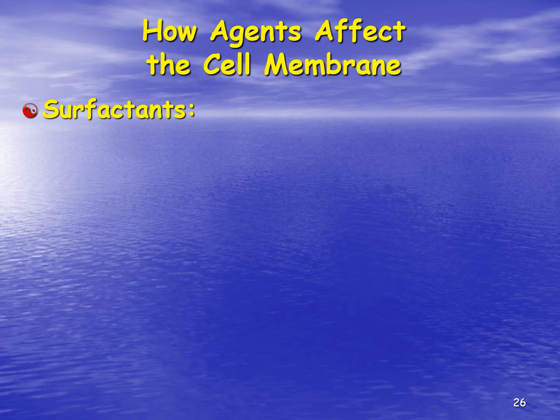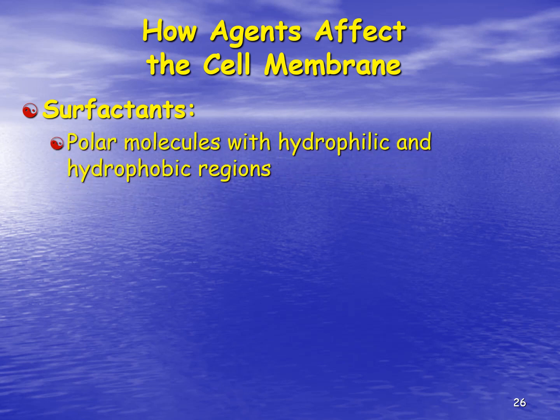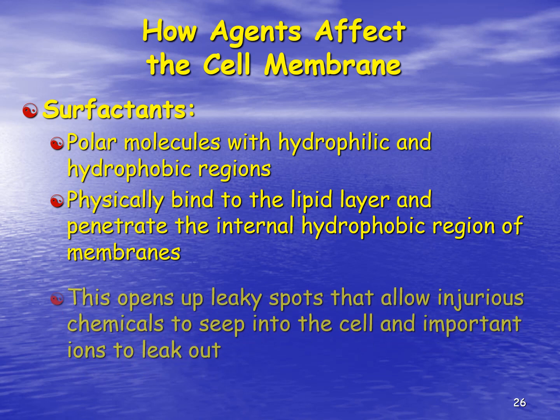Surfactants work very well against the cell membranes. Surfactants are polar molecules with hydrophilic and hydrophobic regions, just like the phospholipids have a hydrophobic and a hydrophilic portion. They physically bind to the phospholipid layer and penetrate the internal hydrophobic region of the membranes, thereby disrupting the membrane.